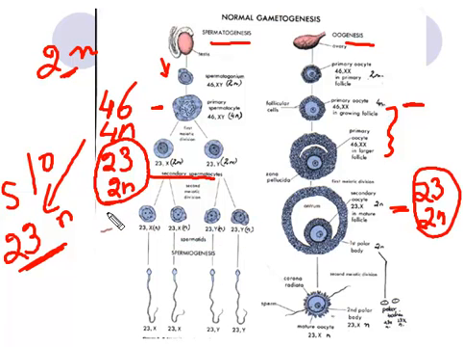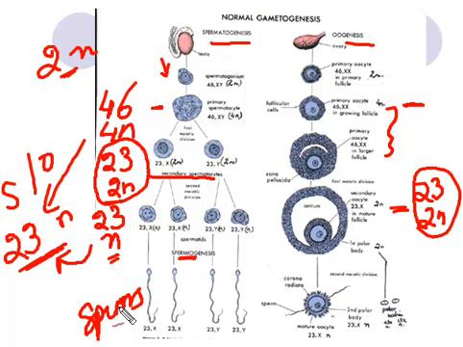Now, in spermatids, the chromosome number remains the same, but the DNA now becomes half. So you can see that the DNA is half, which is what we aim to get. And then these spermatids undergo spermiogenesis, which is just a morphological change, and they become sperms. So sperms therefore also have 23 chromosomes and N DNA.